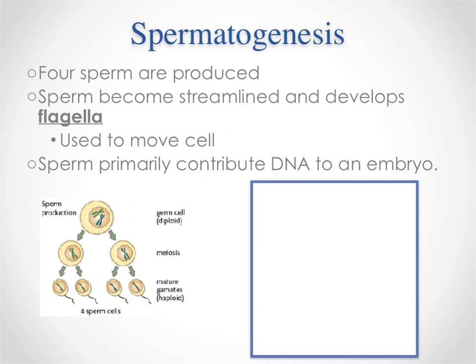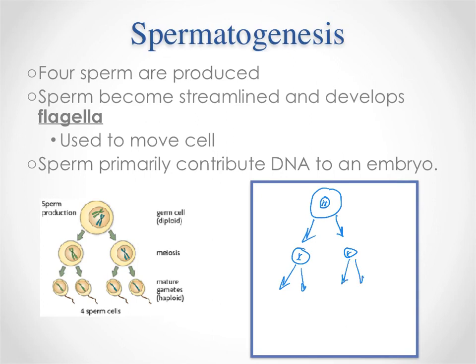So if this is our germ cell, it's going to go through the first meiotic division and form 2 cells, which will go through the second meiotic division.